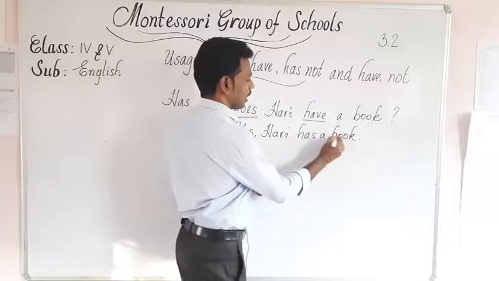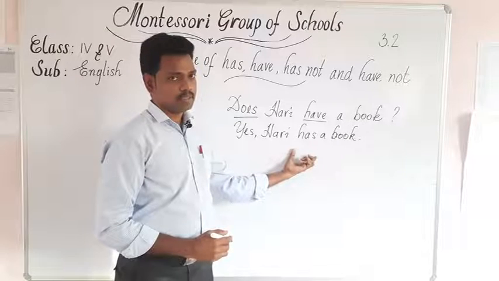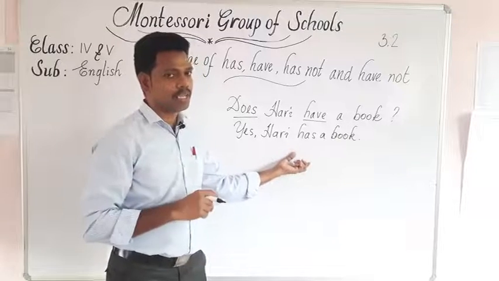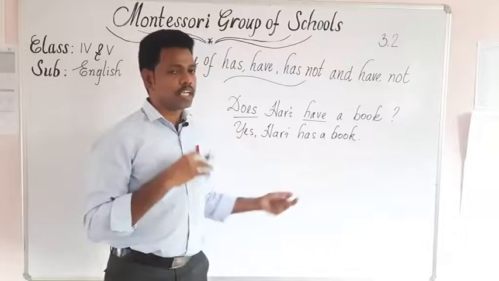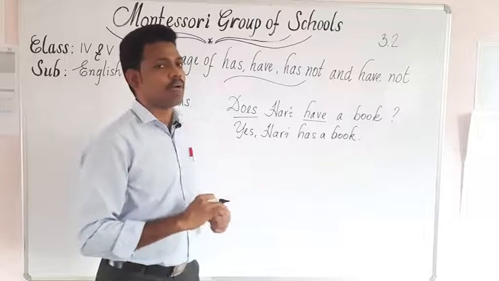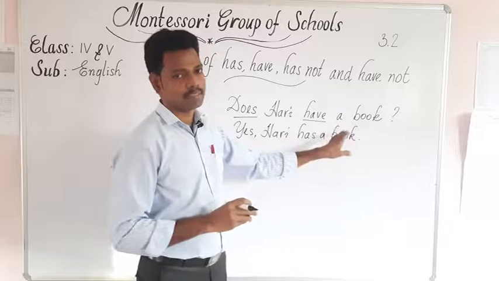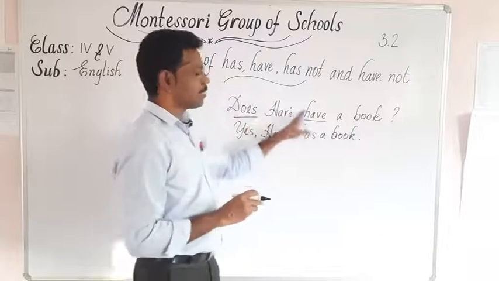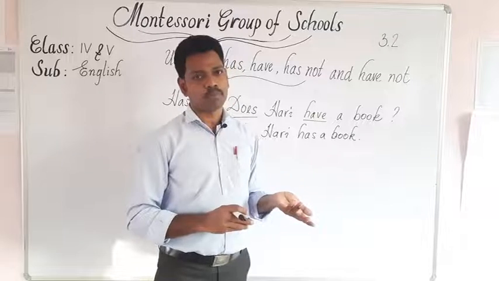Yes, Hari has a book. Okay. So here, in this case, again, it is the possessive one. So never forget that those two cases, possessive and helping verb, when you change them into negative or into interrogative, we have to split them into do plus have and does plus have. So this does plus have comes only in third person singular forms.